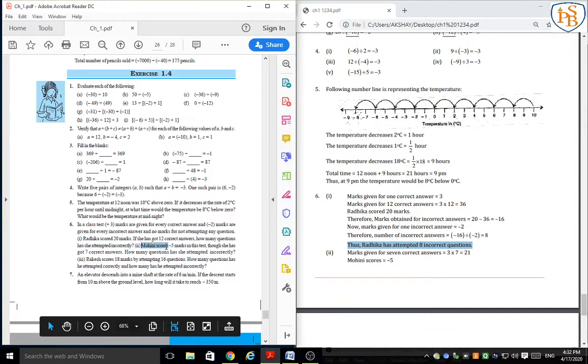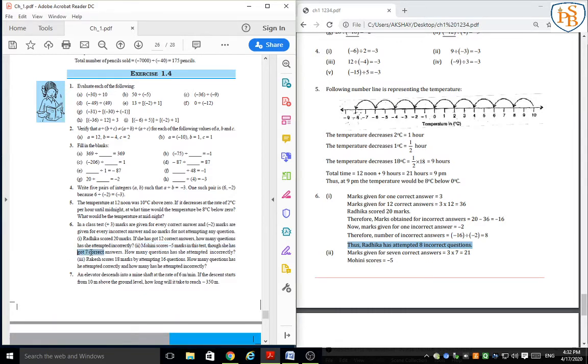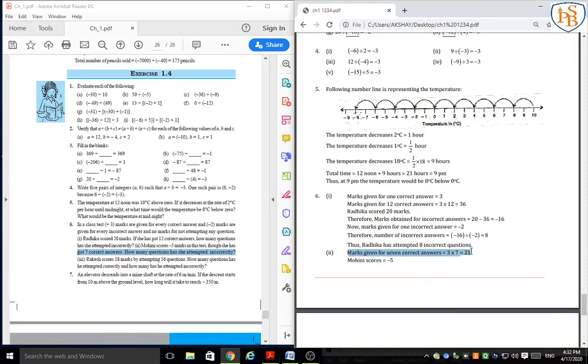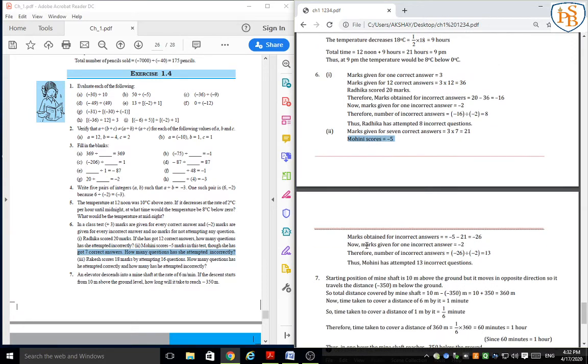Second, Mohini scores negative 5 marks in the test, though she got 7 correct answers. How many questions had she attempted incorrectly? Like above, we are going to solve this. Marks given for 7 correct answers is equal to 3 into 7 is equal to 21. Mohini scores negative 5.